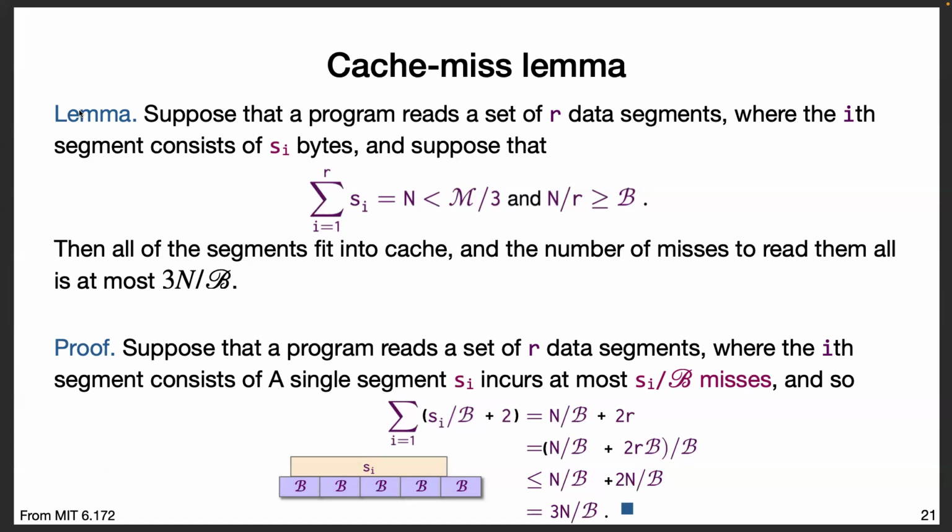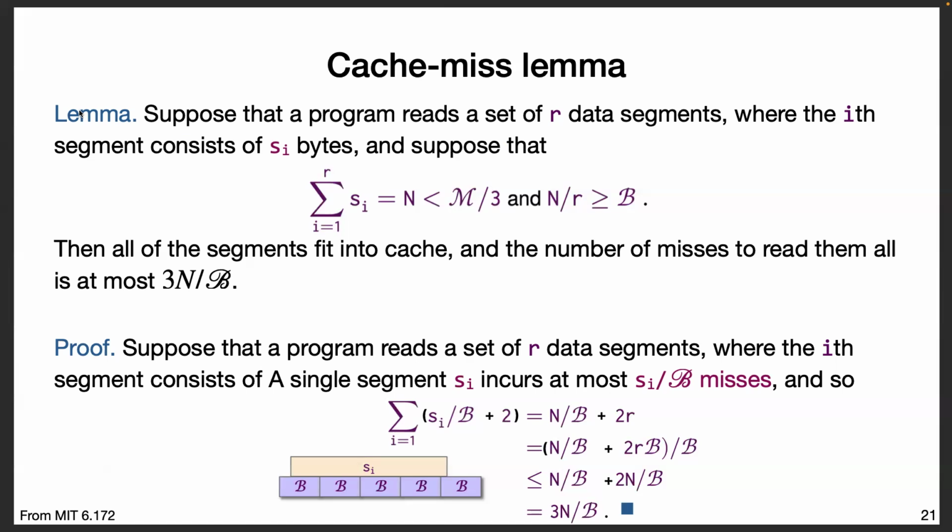So the number of cache lines that they will require is at most order M over B, because they're all contiguous. The M over 3 is just to be safe, because if you have extra parts on the left and right side, it'll take you one whole cache miss to read each part, even though it's less than one cache line.